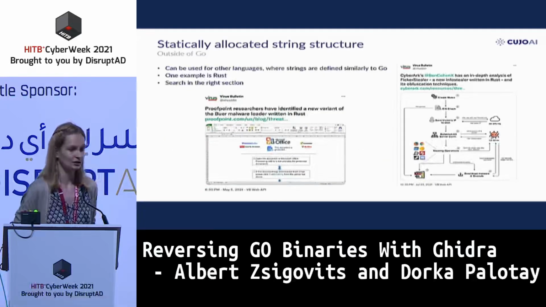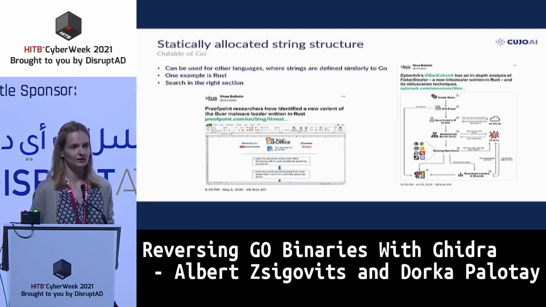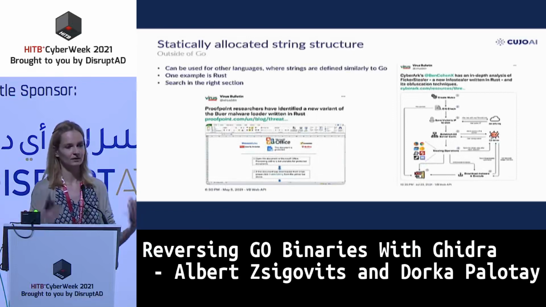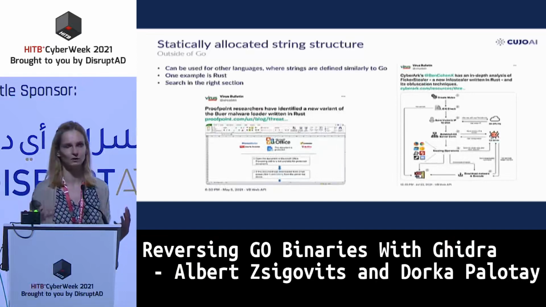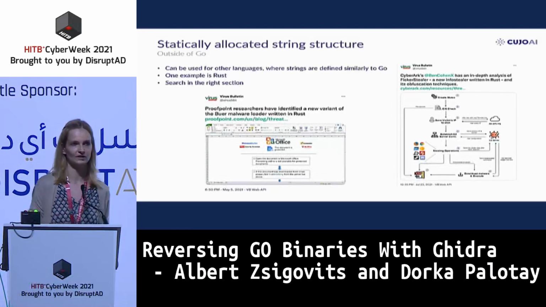And just a sidestep from Go. This statically allocated string structure is something that we can observe in other languages as well. So, for example, other than Go, we have also seen some malware families written in Rust recently, mainly for Windows. And for Rust, it is the same: statically allocated string structures can be found.